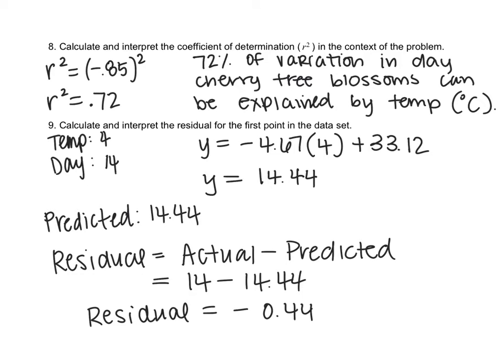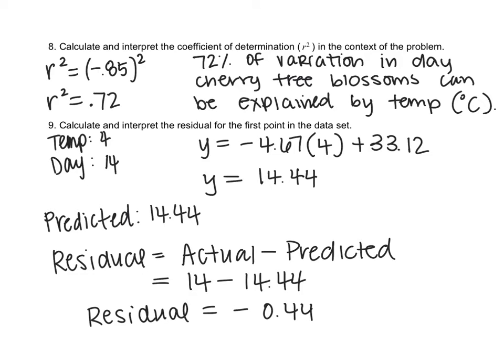Now in the general case, we don't know if this is actually a good residual or a bad residual. Without calculating the residuals for all of our data set, we have no way of knowing if negative 0.44 is a good residual or not. A lot of our other residuals could be 0.0 something, in which case 0.44 is still a good residual, but not as good.